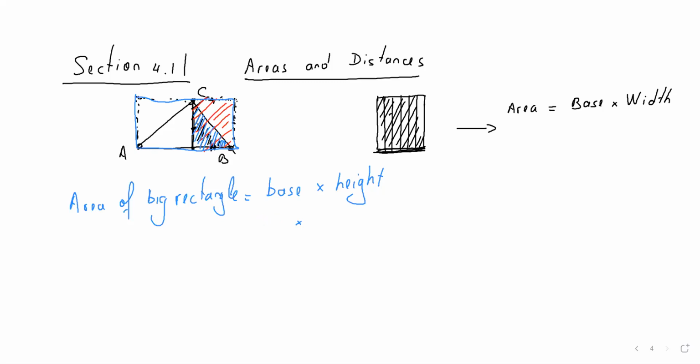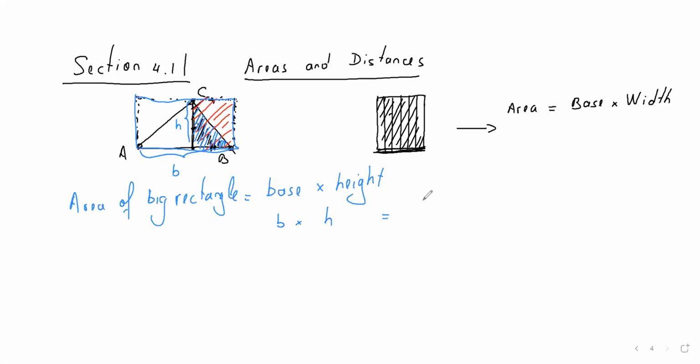Let's call the base B, so B is this much, and height is this much over here, H. So base times height would be the area of the rectangle there.